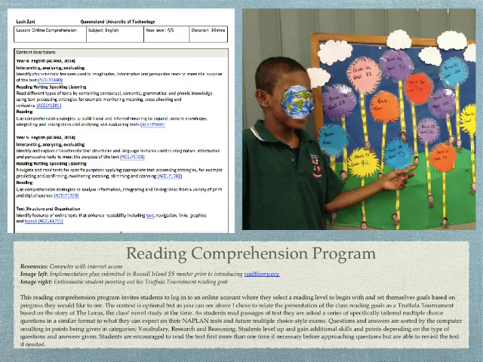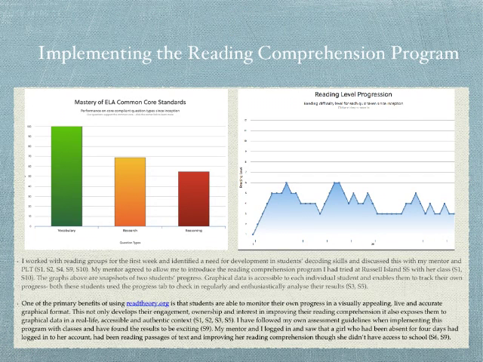They're also, possibly most importantly, able to access their own progress through visually engaging graphical progression charts, so they can see their own progress at an ongoing level. As you can see here, when I implemented the reading comprehension program, students very quickly started to find that they really could see where they did well and where they struggled.